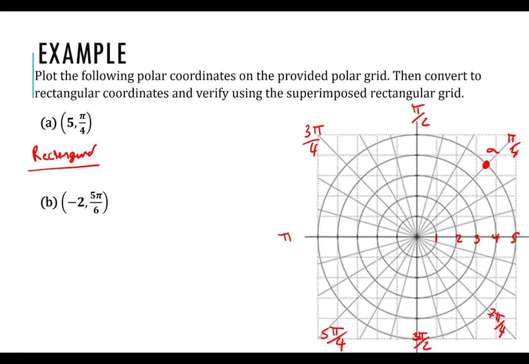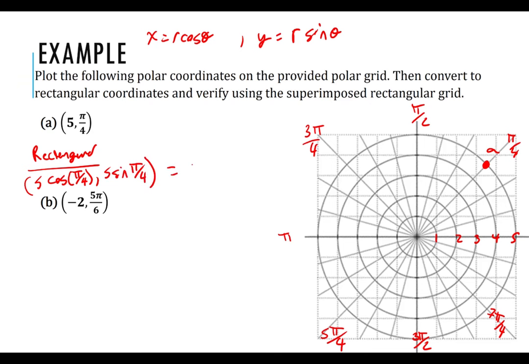Then let's convert that to rectangular coordinates. Remember that rectangular coordinates we can get for free as x is equal to r cosine of theta and y is equal to r sine of theta. And so my rectangular coordinates are then going to be 5 cosine of pi fourths, and my y-coordinate is 5 sine of pi fourths.